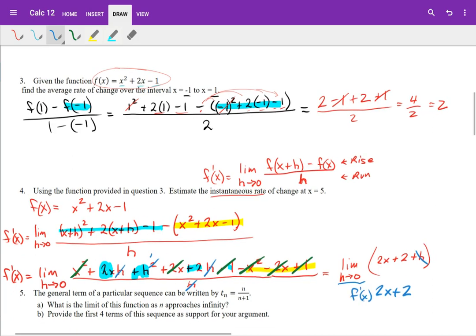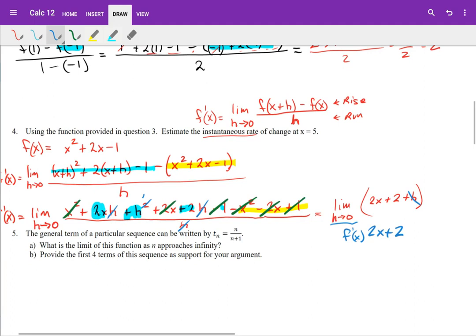And since we are actually looking for the instantaneous rate at 5, I'm doing f prime of 5 equals 2 times 5 plus 2, or 12. And that's basically going to give you the slope of your tangent line there, and that's your instantaneous rate of change.